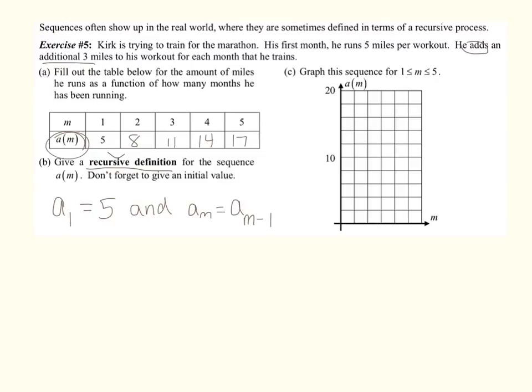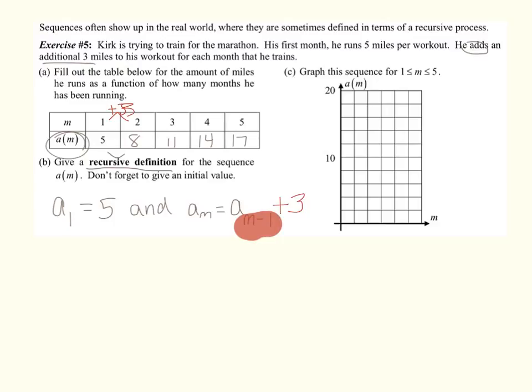Remember, I'm going to highlight that in red for you right now, that this m minus 1, that's huge. That tells me that it's going to be recursive. And what is my pattern? What did we do each time? We added 3. So a sub m minus 1 plus 3. And that's going to be my recursive formula.